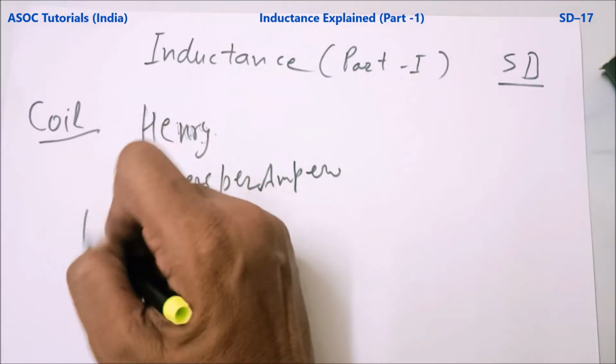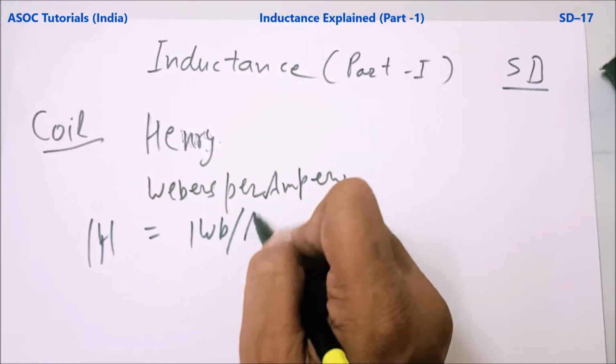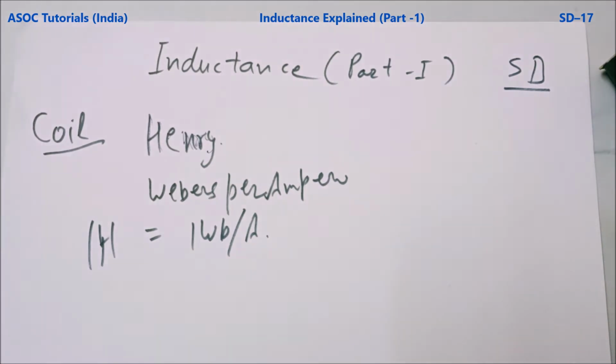Or we can say 1 Henry is equal to 1 Weber per ampere. Keep this in your mind.